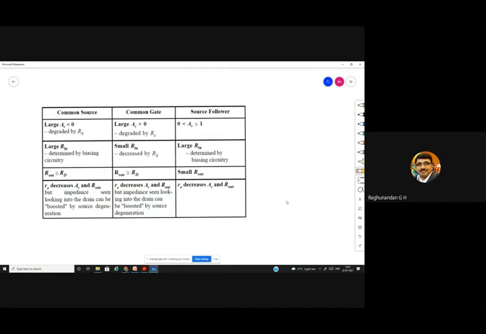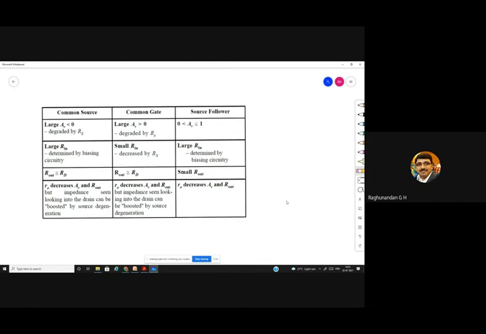With respect to input resistance, the input resistance is large in the common source configuration because the input is given through the gate. In the common gate configuration, since you give the input through the source, we will have a small input resistance.